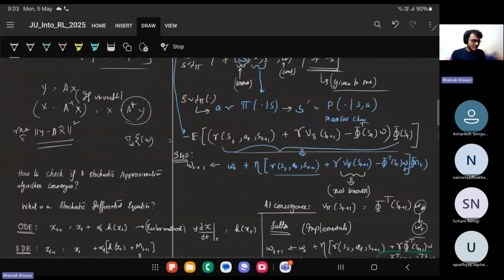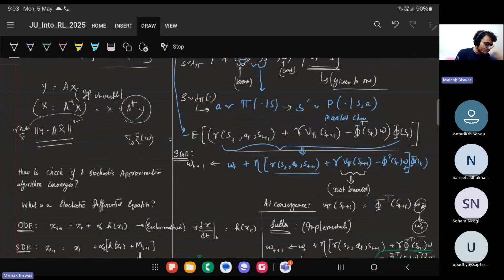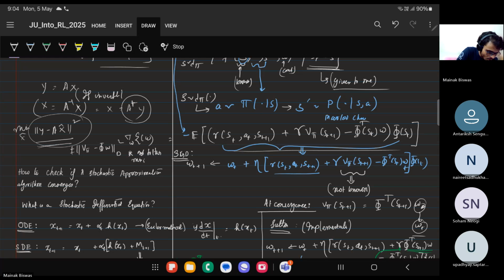So you see here it's an altogether different problem. This may turn out to be the same, but this is not the same as the norm square of V pi minus phi W d. We'll see if it is not the same. So it does not converge to the minima of this, but it converges to a different minima, that is the minima of the above equation.